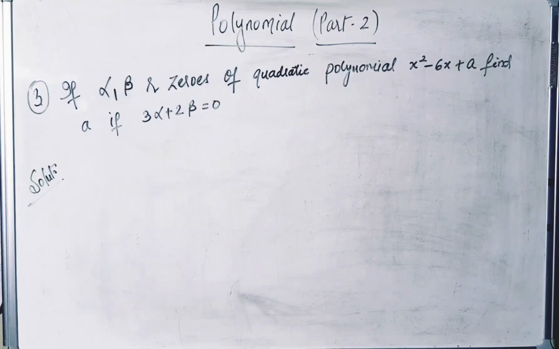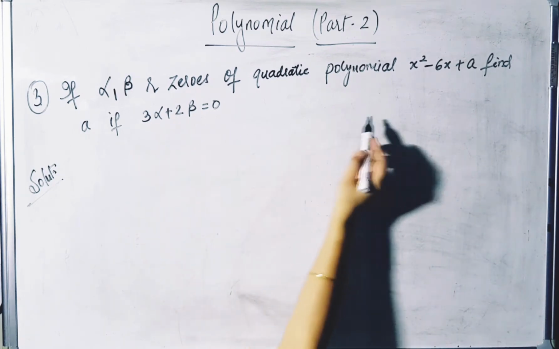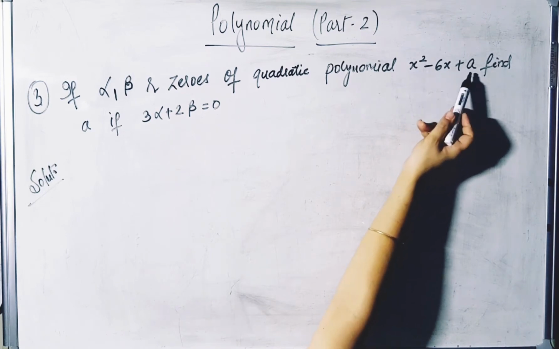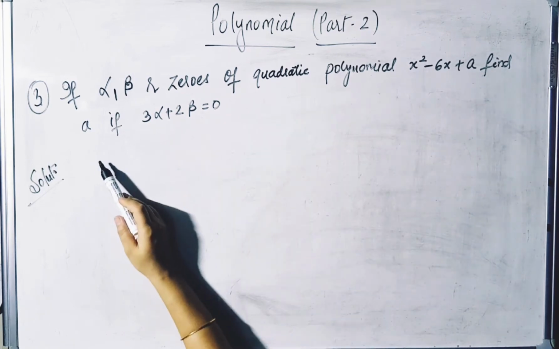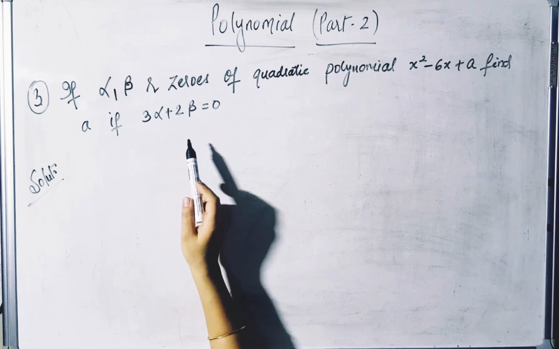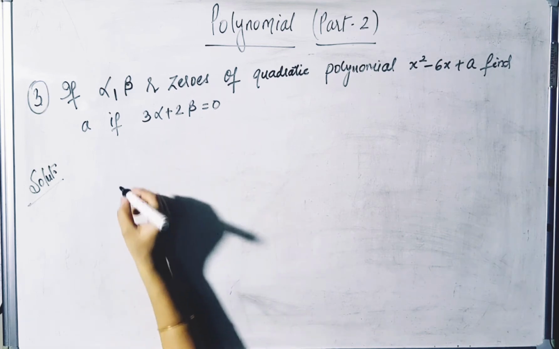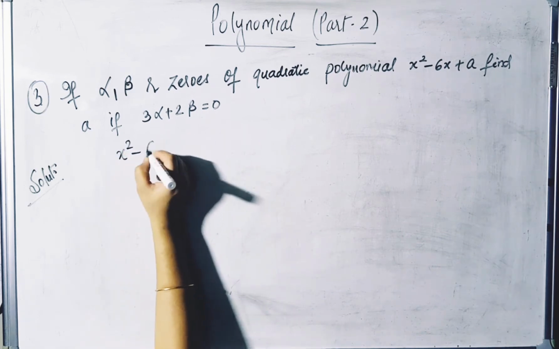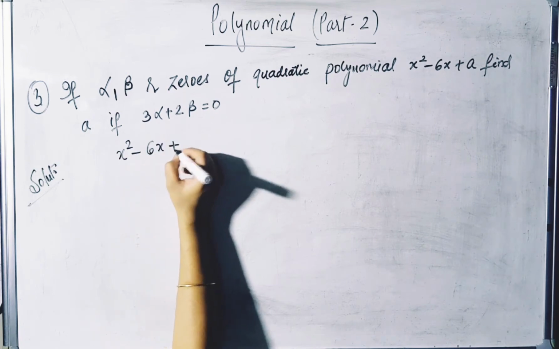So the question is, if alpha and beta are the zeros of the quadratic polynomial x square minus 6x plus a, find a if 3 alpha plus 2 beta is 0. Now see, the quadratic polynomial given to us is x square minus 6x plus a.